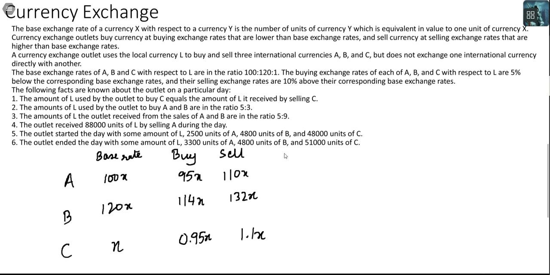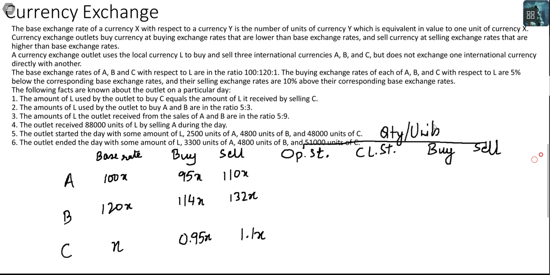Okay, so this is the starting point. I like to call it opening stock, and there will be a closing stock, which I think is the next line. Yes, there is a closing stock. There will be some numbers that have been bought, and some numbers that have been sold. Pay attention, this here is the quantity or the units that we are talking of.